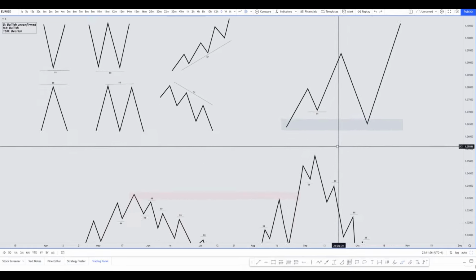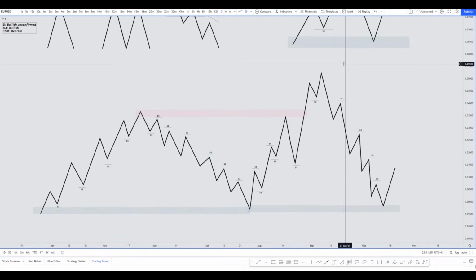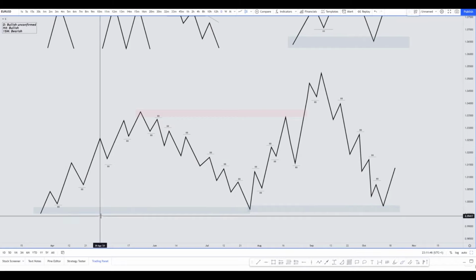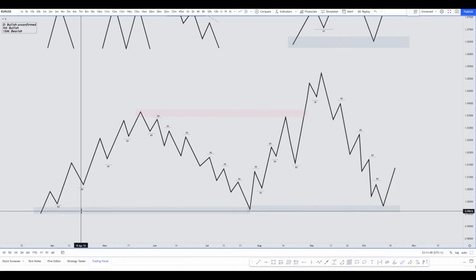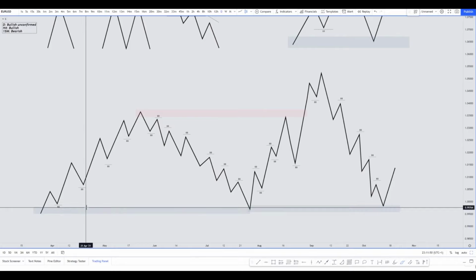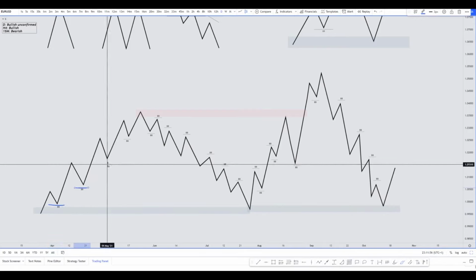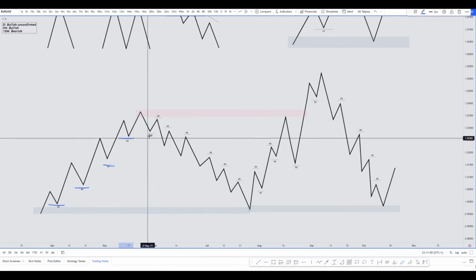Now, liquidity does get a little bit more advanced, but it's not as bad as it looks. There is the whole concept of internal range liquidity and external range liquidity. The simplest way to explain it is that every time we have a retracement, liquidity is dropped.